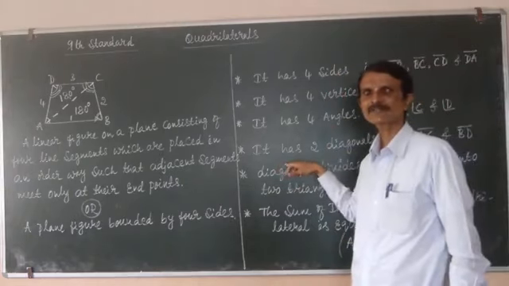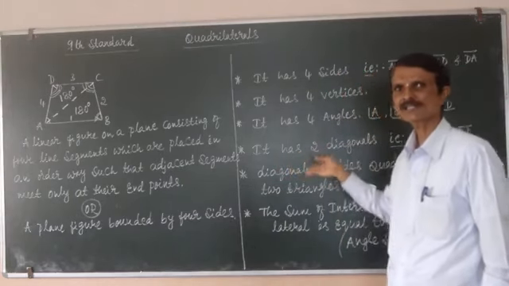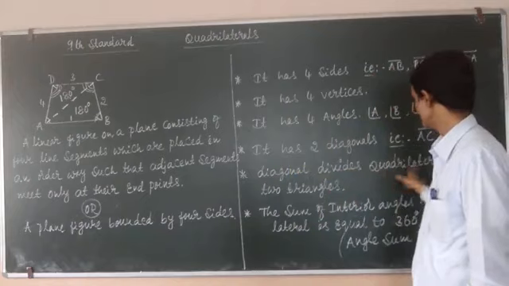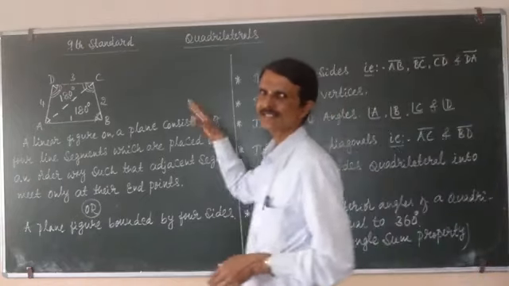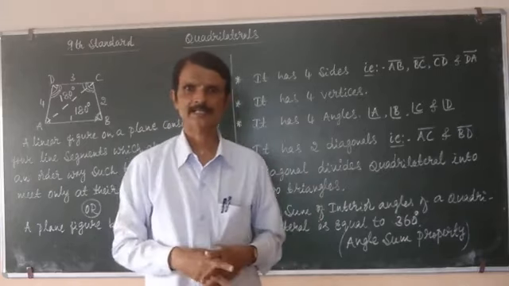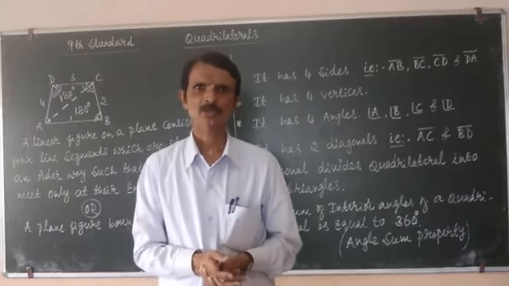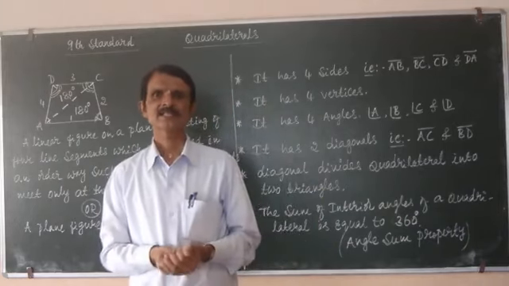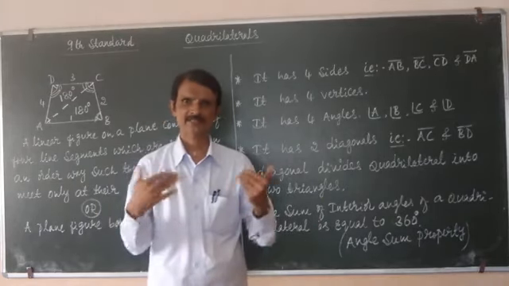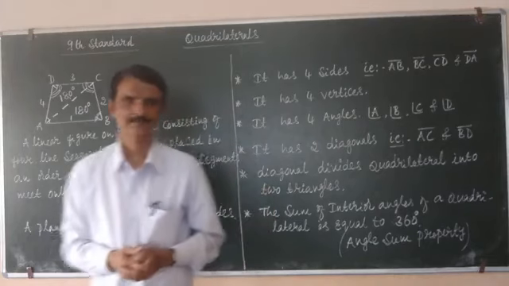A diagonal of a quadrilateral divides the quadrilateral into two triangles, and the sum of all the interior angles of a quadrilateral is equal to 360 degrees. Now students, we will see some problems and also different types of quadrilaterals.